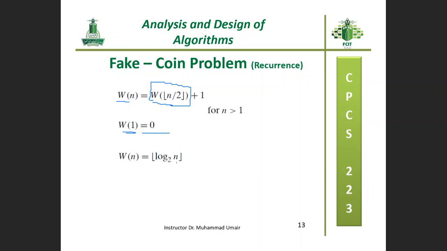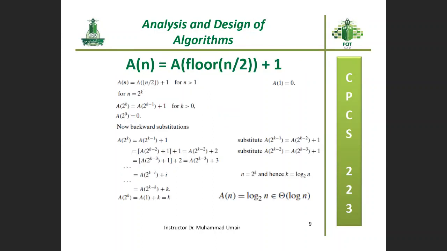You cannot compare it. Otherwise, for every recursive call, you have to make one comparison. And if you simplify, it will be log n. This is the same recurrence which we have discussed for binary search. Remember, the last time we solved this recurrence. This is the same as binary search. Any doubt?